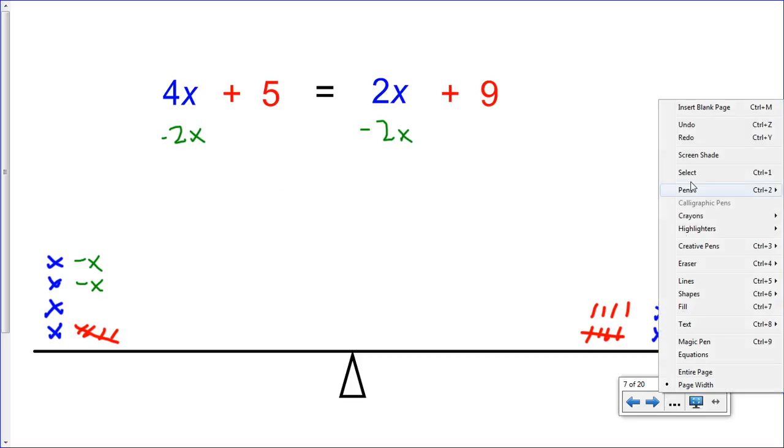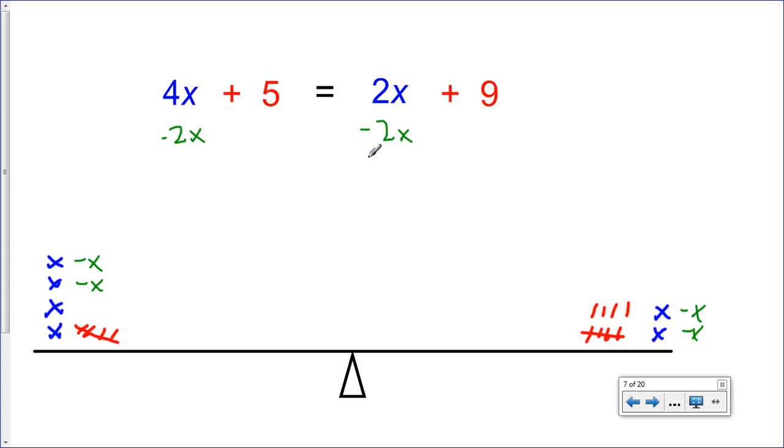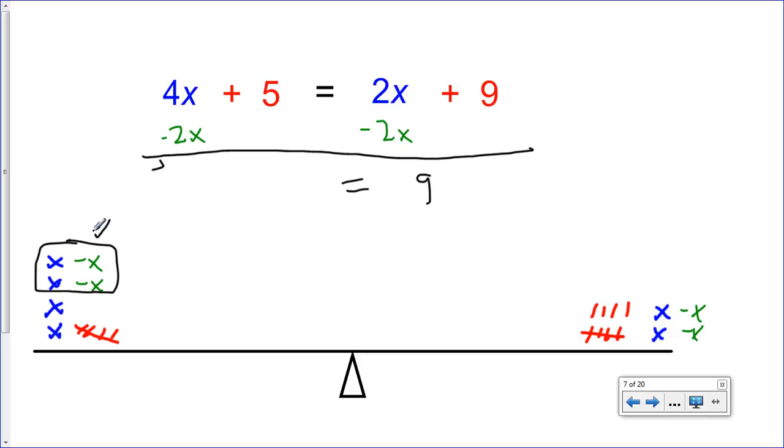And the result of doing that: 2x and negative 2x, the inverse property tells us that's 0. So they cancel each other out. All we're left with over here is 9. And 4x and negative 2x, remember this is 0 here and this is 0 here because of the inverse property, x plus negative x equals 0.